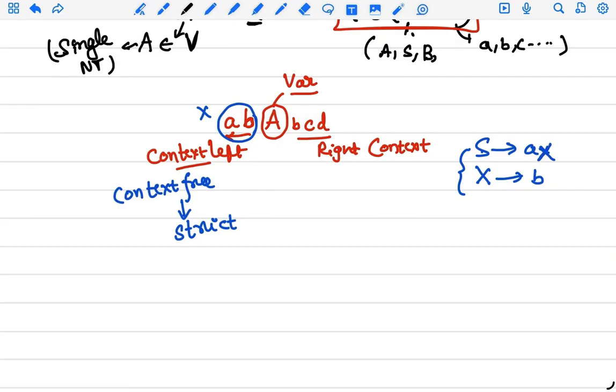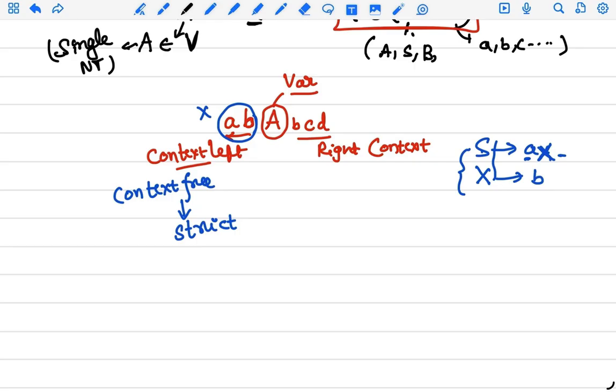So only one non-terminal symbol is present at the left side.